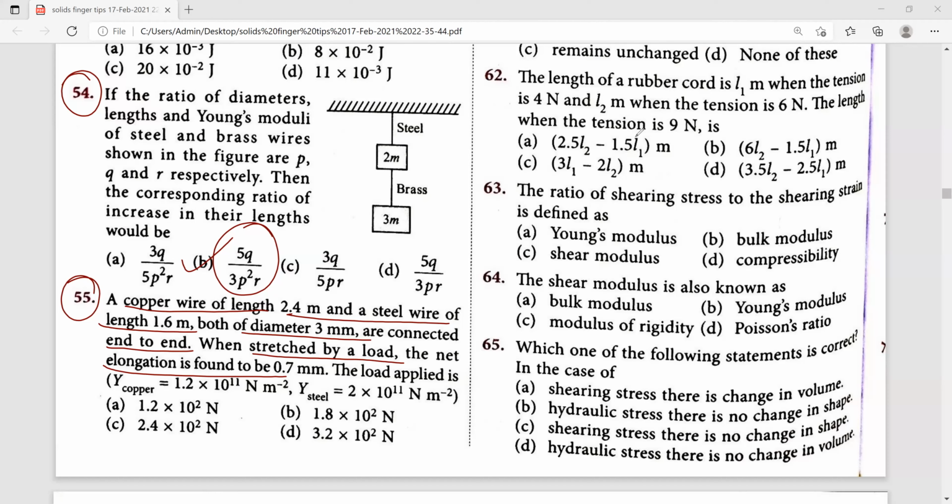So here, let us assume load applied by W. Since both the wires have same tension and same area of cross section, therefore both wires have same tensile stress. 55th one we are solving.